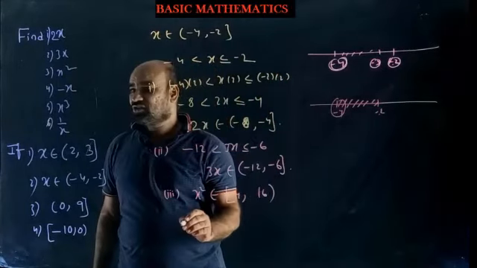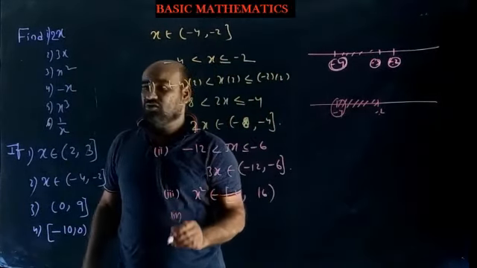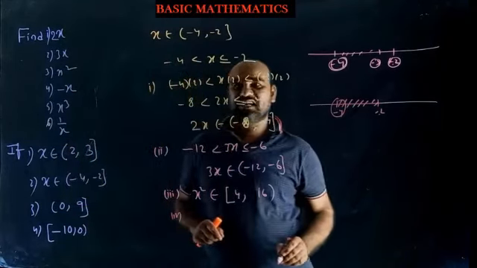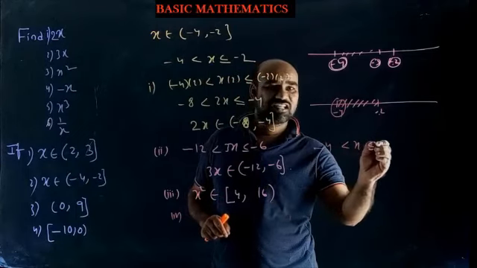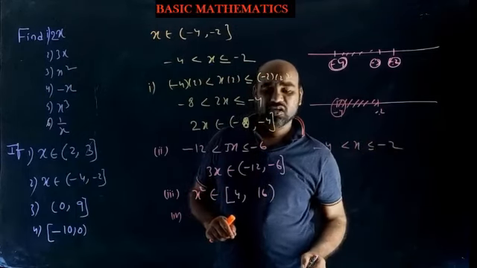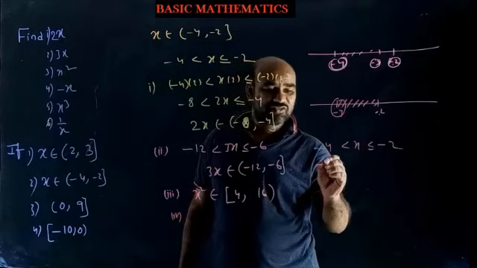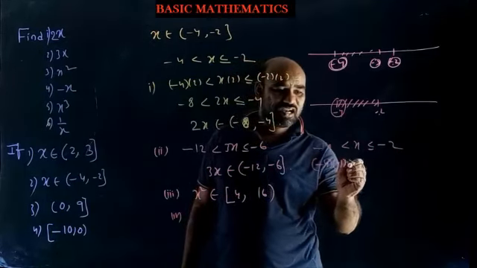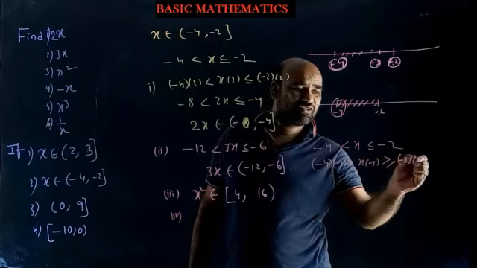Okay. Next, the fourth one. We need to multiply by minus 1 on all sides, so the inequality will alter. Minus 4 is less than x is less than or equal to minus 2. Now multiply by minus 1: minus 4 into minus 1 is greater than x into minus 1 is greater than or equal to minus 2 into minus 1.